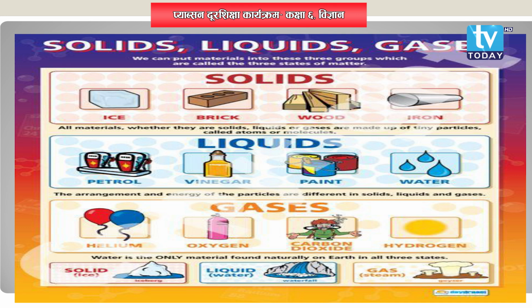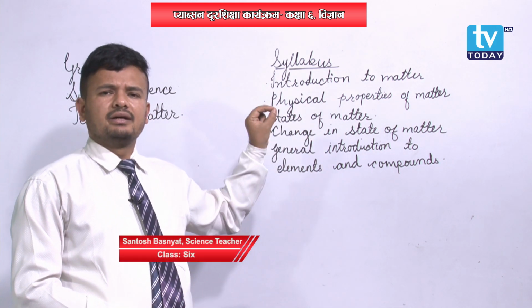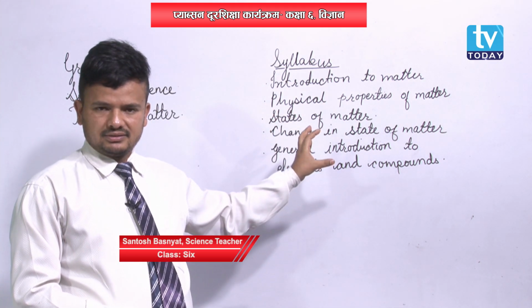And the liquids: petrol, vinegar, paint, water. And the gases: helium, oxygen, carbon dioxide, and hydrogen. These are the different solid, liquid, and gas examples.